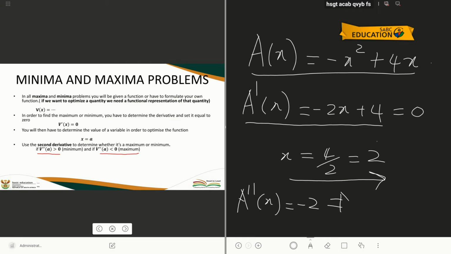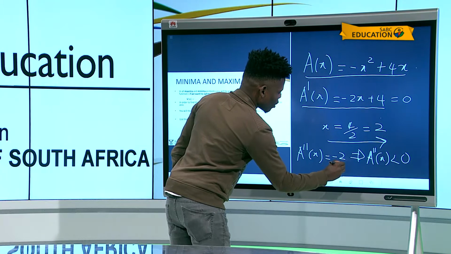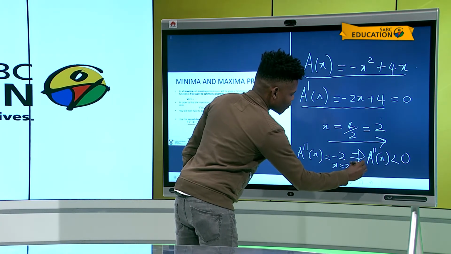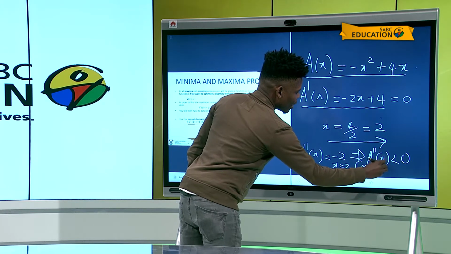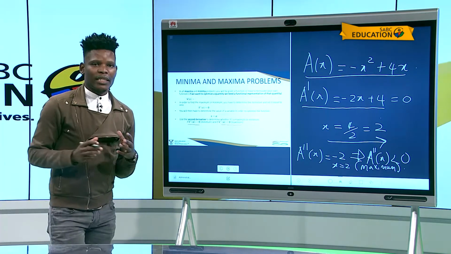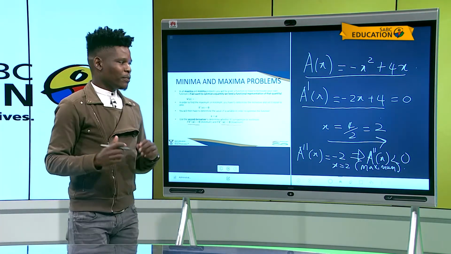So it then tells me that the second derivative is less than 0. So what does it mean? It means that at x equal to 2, I am going to have a maximum area. So that is basically what you do when you optimize a function.